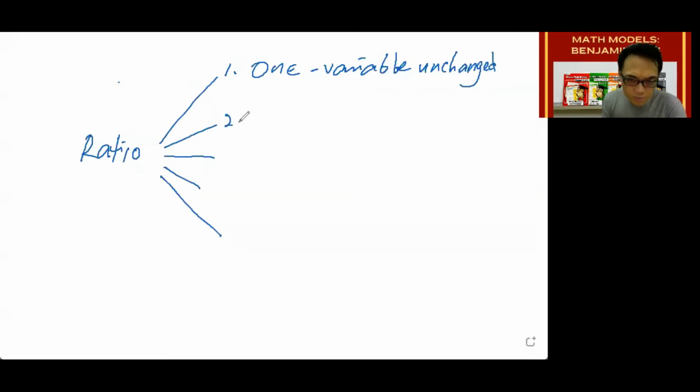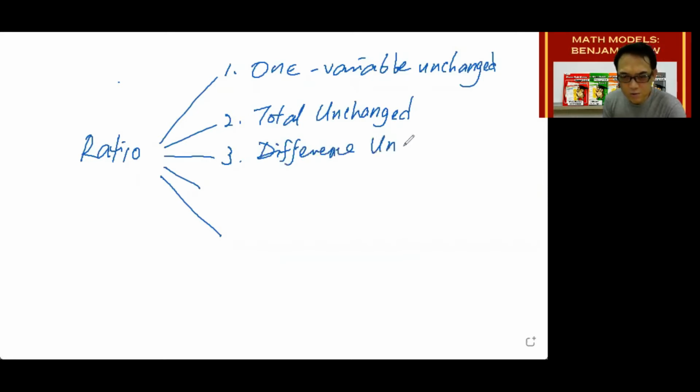The second one is the total unchanged ratio question. The third type is the difference unchanged ratio question.